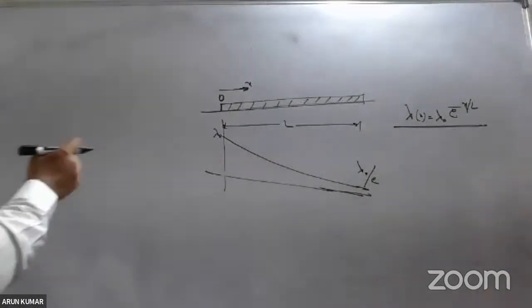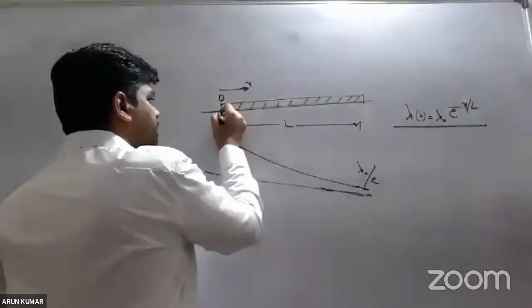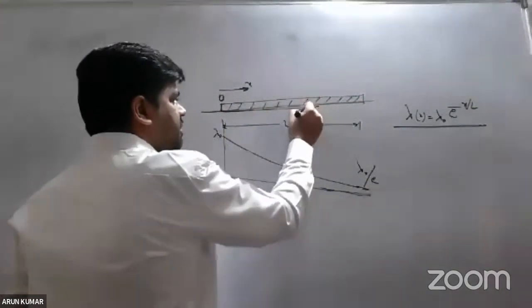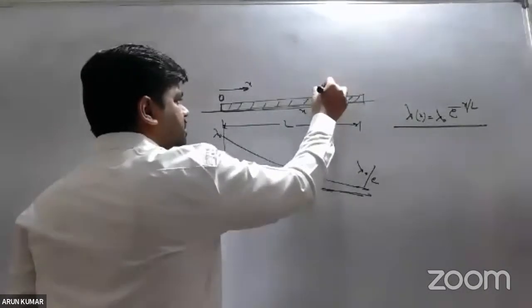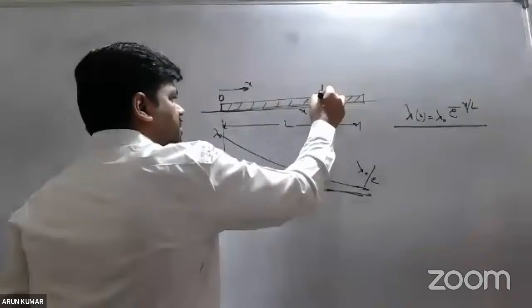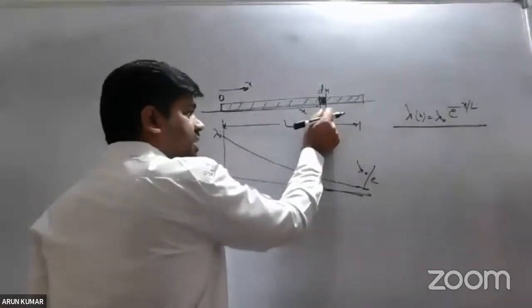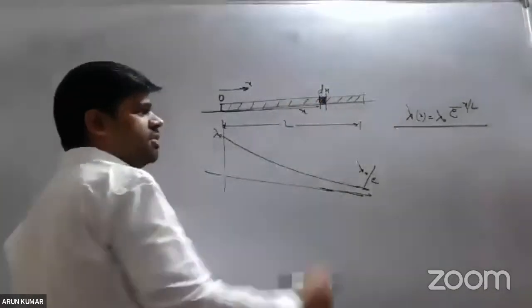Now, I chop this into an infinite number of infinitesimal pieces. So at a distance x, I consider element dx. The variation of density along this length dx is presumed to be constant.